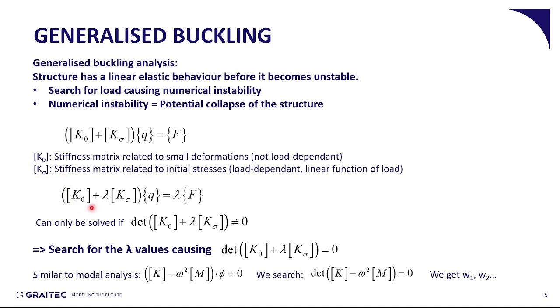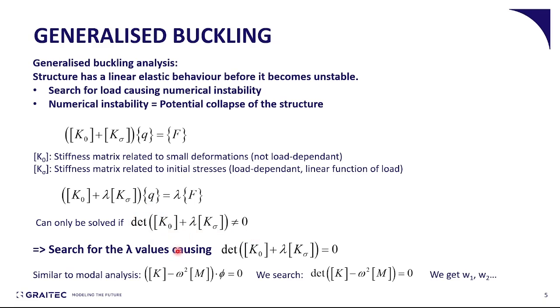In order to solve the equation of the equilibrium, the following constraint exists, which is basically the determinant of this following quantity to be different from zero.